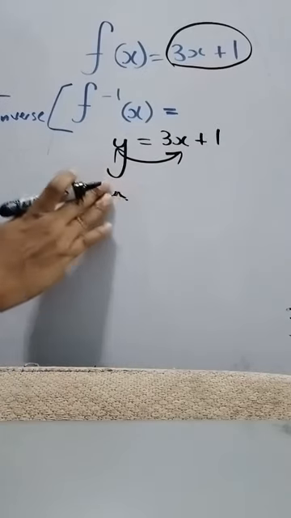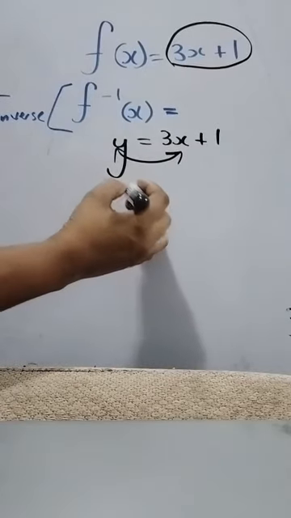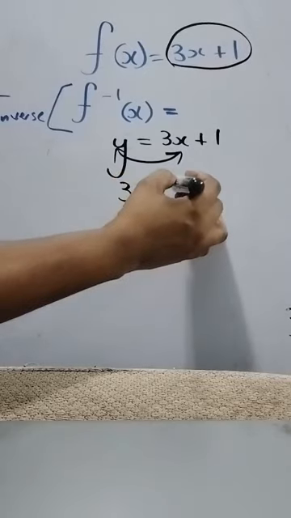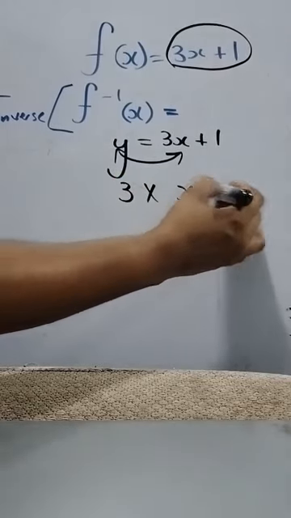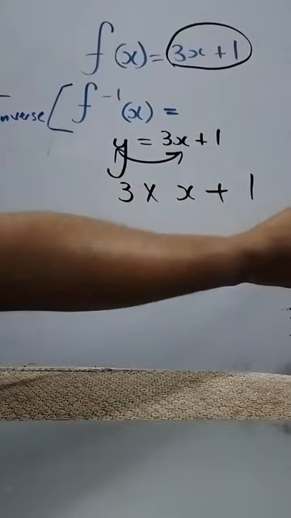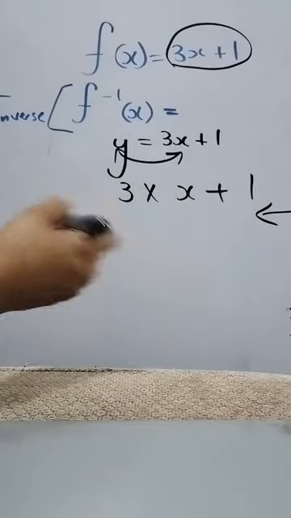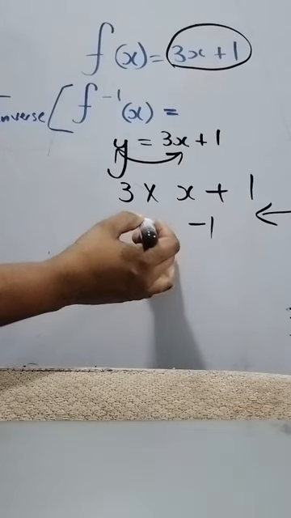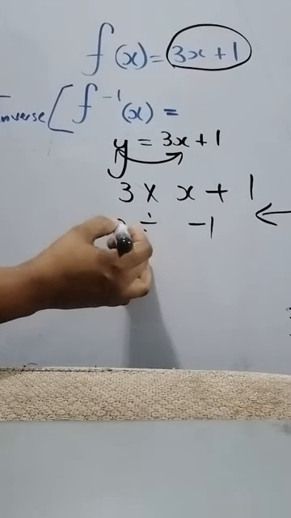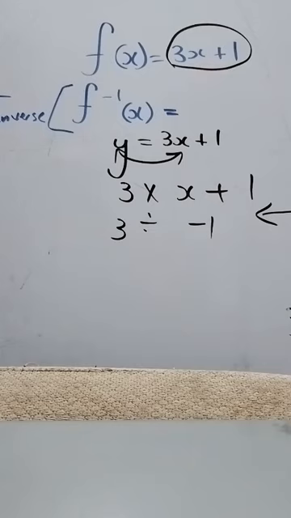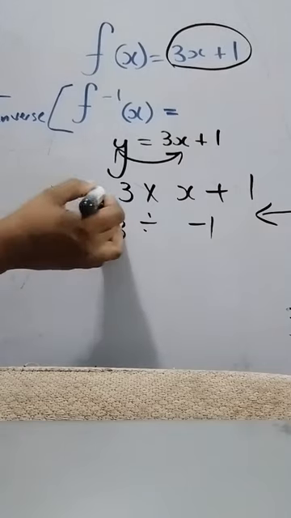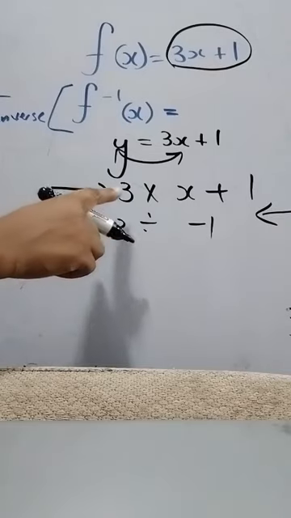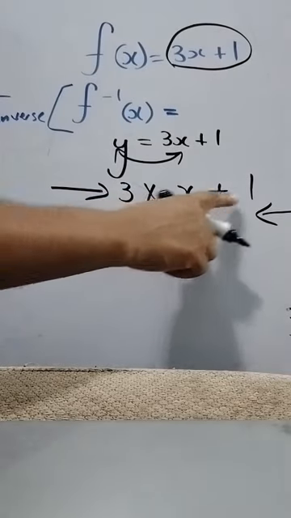So let's write that down. What was I doing? I said 3 times the x value plus 1. If I should work in the reverse, what would I be doing? I'd be subtracting 1 and then dividing by 3, because we're doing the opposite operation. So if I'm going this way, I would be multiplying x by 3 and then adding 1.